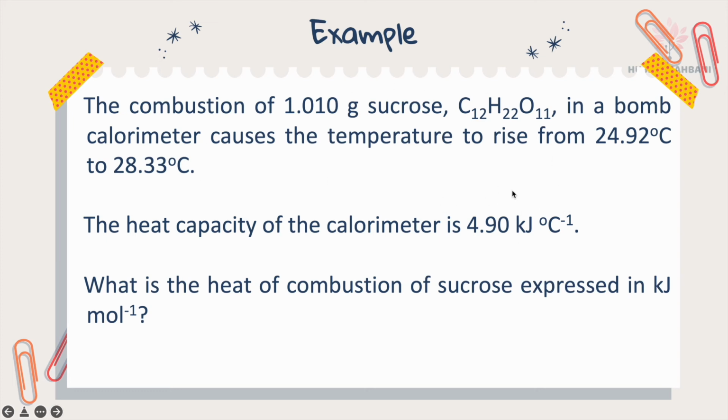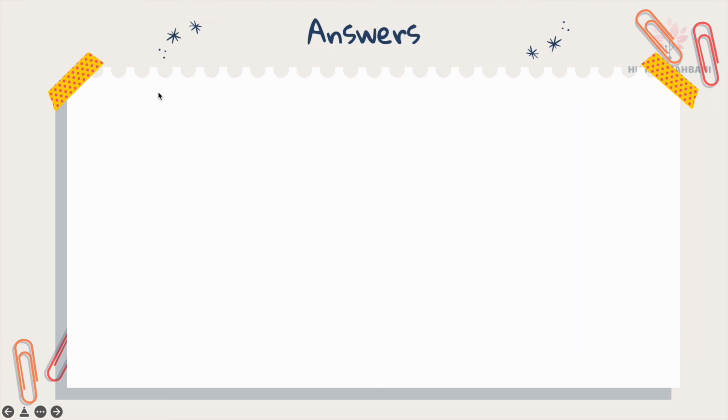If the mass of water is not given at all, the heat capacity of calorimeter here includes the water heat. So just use the equation Q reaction equals negative Q calorimeter, which means the water is included in here already.